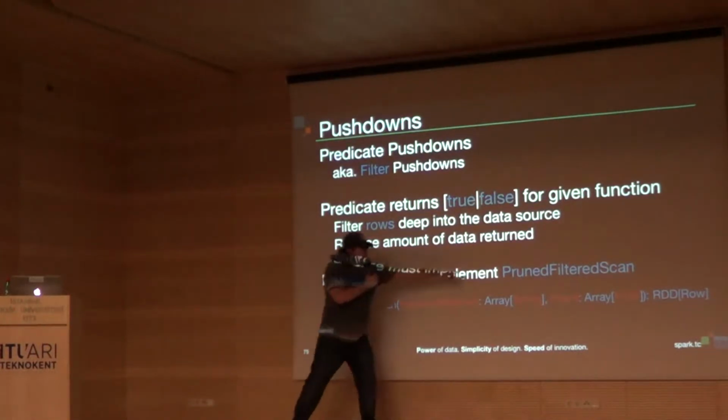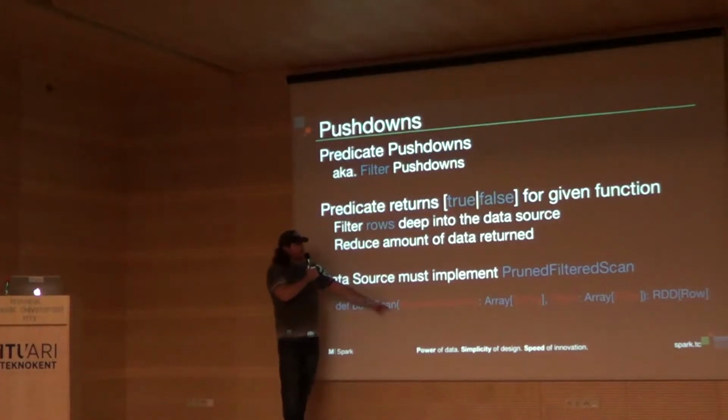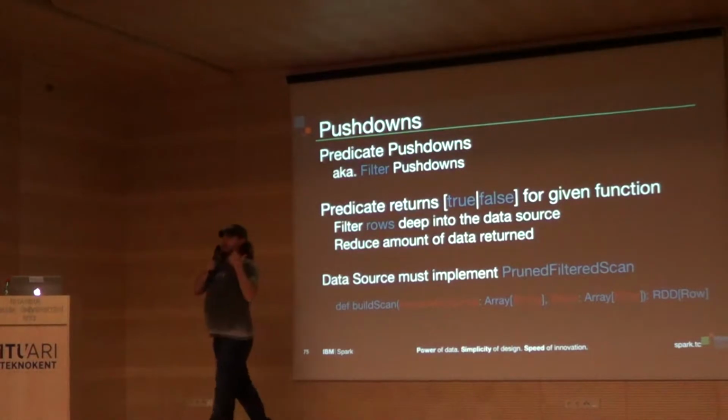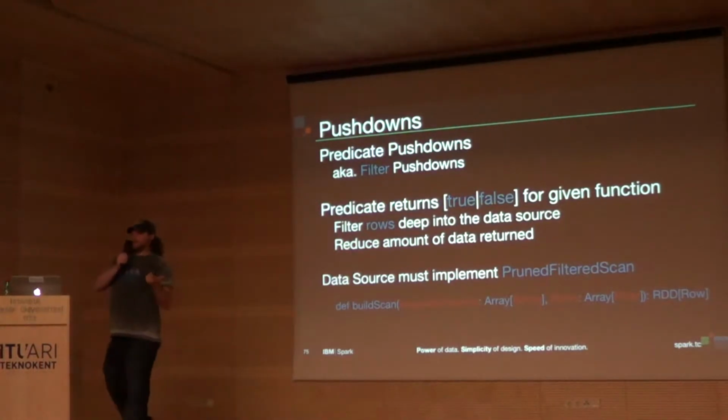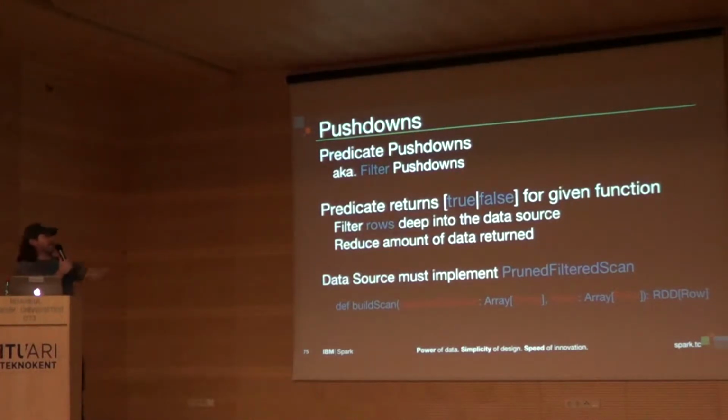This is the PrunedFilteredScan trait, and this is the method on that trait. Filter is a base trait with things like less than, greater than, all the common ones that you think about with SQL. You can actually go into the Spark code base and find Filter, and then look at everything that extends it.